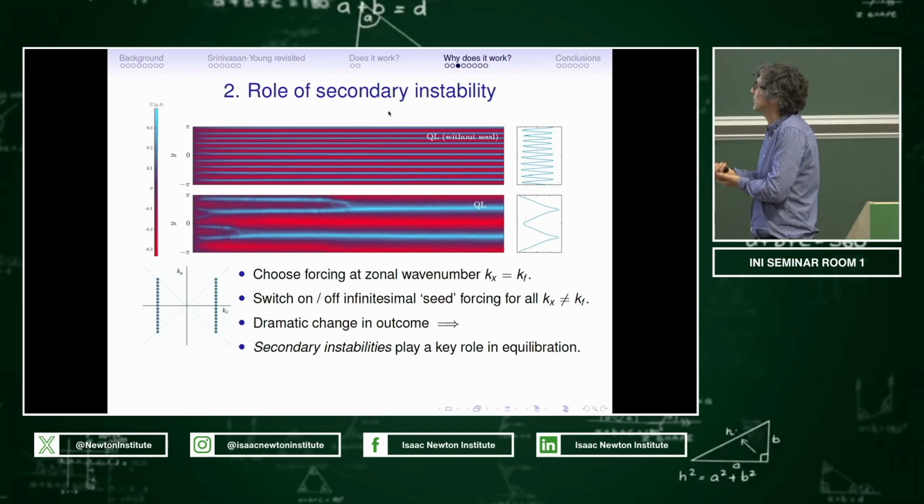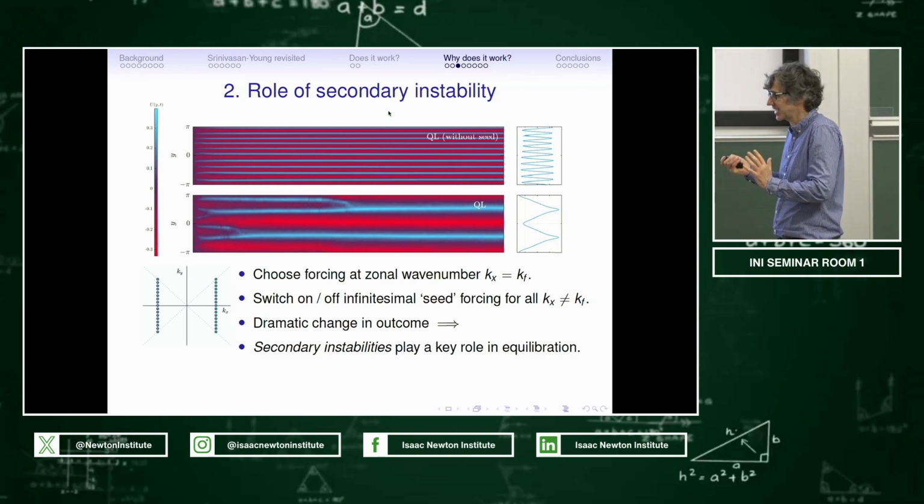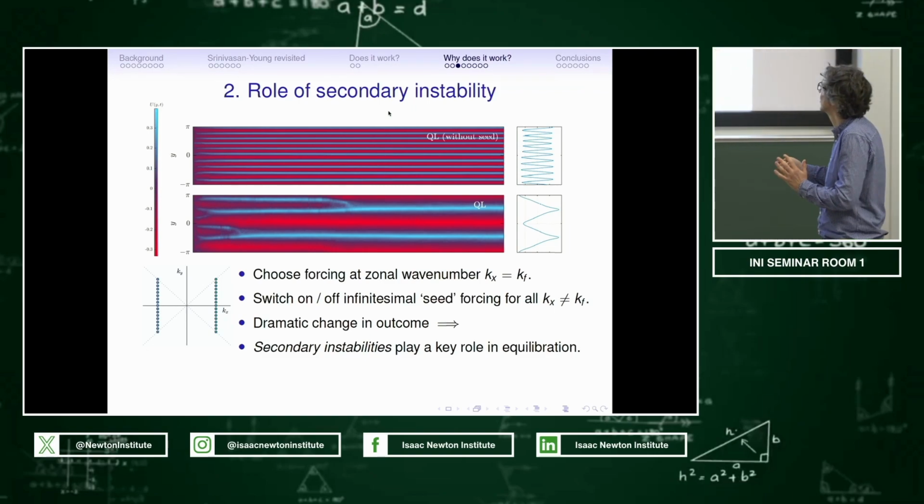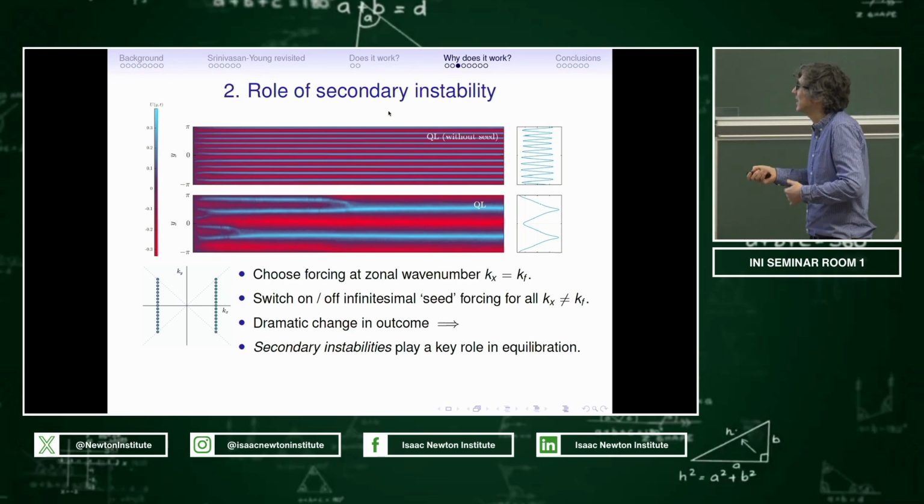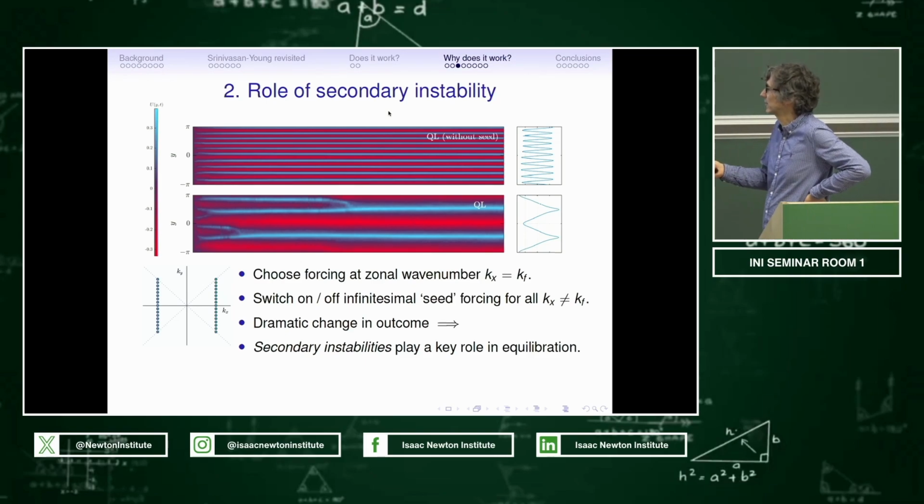How did we establish that secondary instabilities play a fundamental role? Well, if we choose this particular stochastic forcing, with just one value of the zonal wave number in the forcing function, and we switch off all the other wave numbers, there's nothing to excite them.